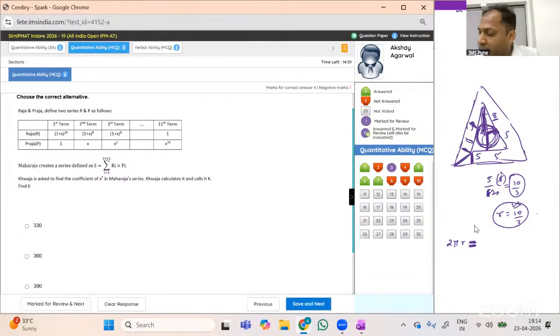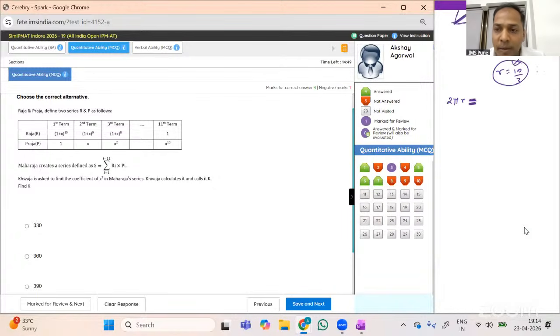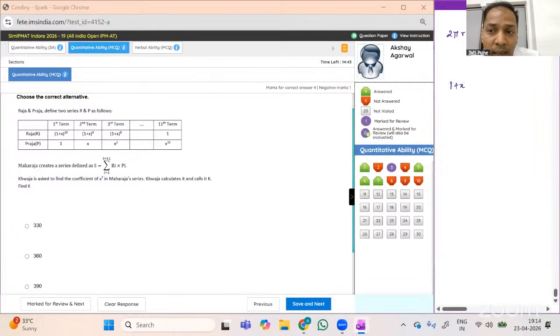If I observe carefully, this is the remaining part of a series, 1 plus x raised to the power 11 minus x raised to the power 11, that would be a minus b, that would be 1 into what we actually have over here.